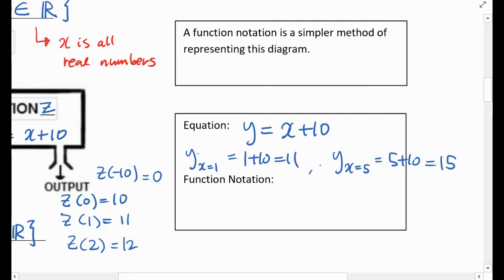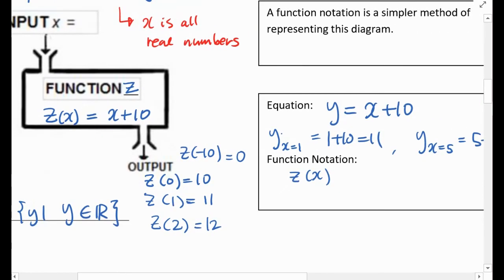The notation looks complicated, but if you use function notation, you have to define the function rule first. So it was Z of X equals X plus 10. If you want to know the Y value, the output value when X is 1, then you just plug 1 into the bracket.